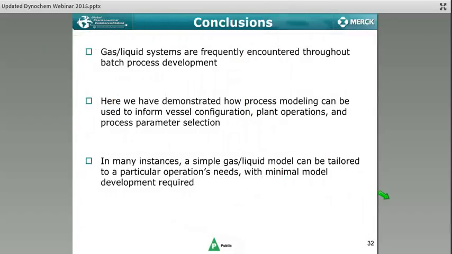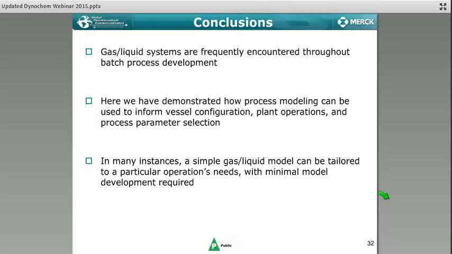At that point, I just want to wrap up. As I mentioned, gas-liquid systems are ones you run into pretty routinely within batch process development. Some you care about, some you don't. Distillation is obviously one that we spend a lot of time modeling.